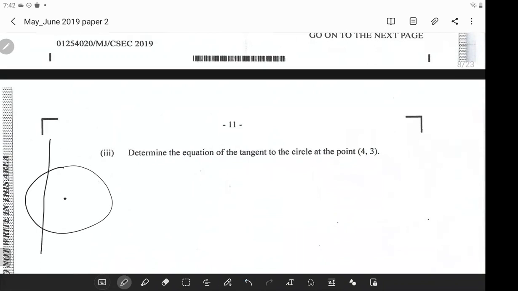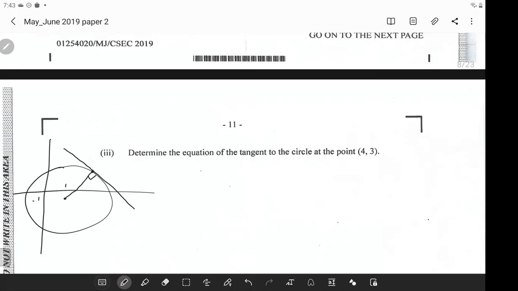The point (4, 3) is somewhere here. And this is our tangent at that point. This is our radius to that point. Notice that this angle here is 90 degrees.